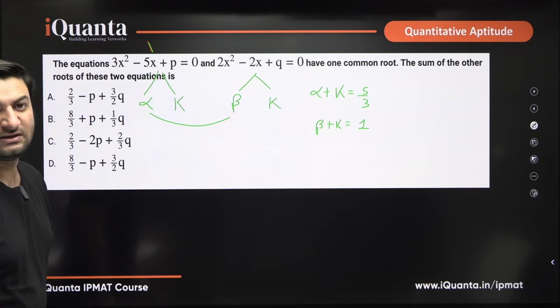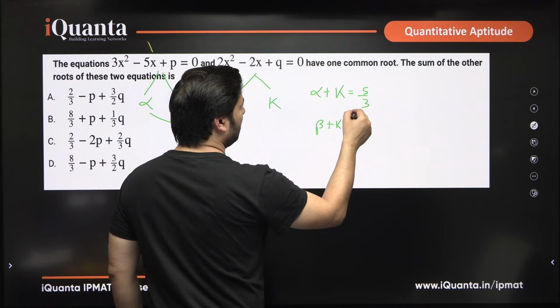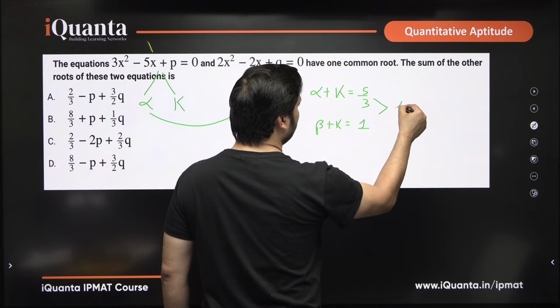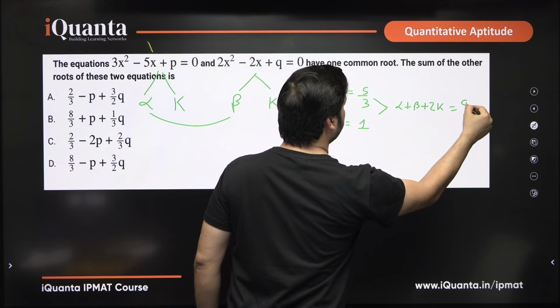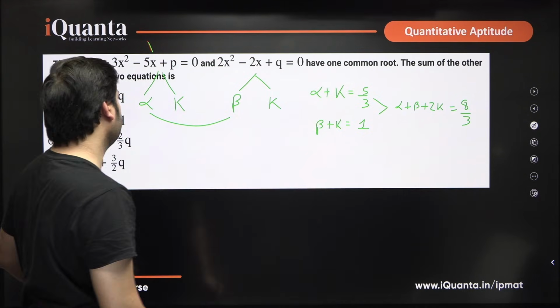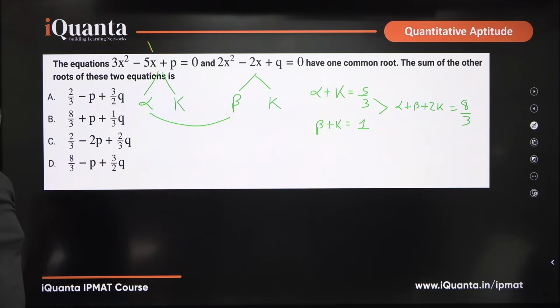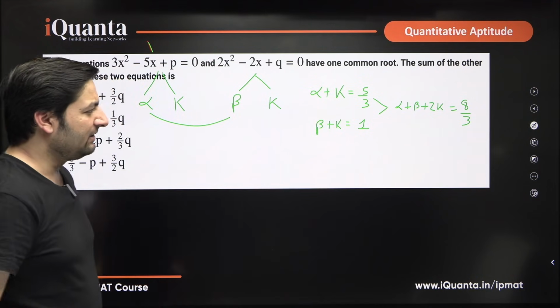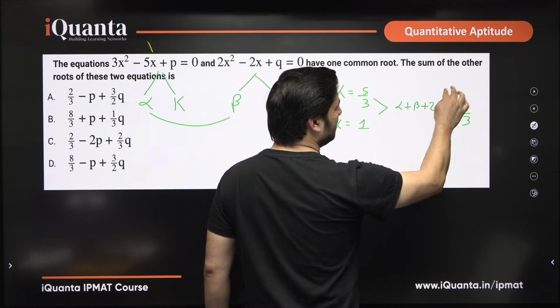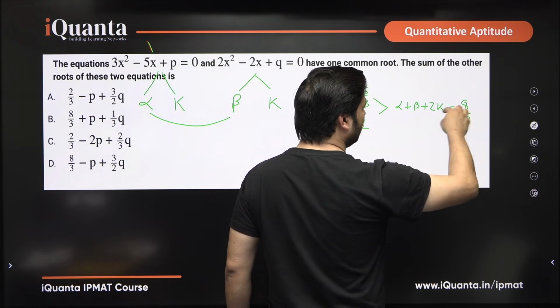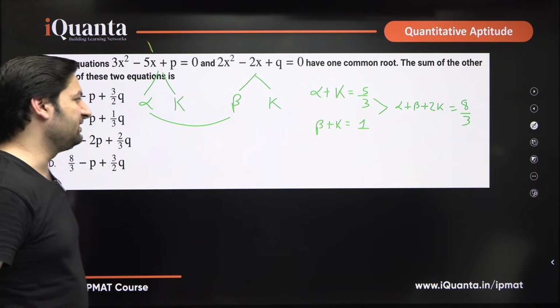If I combine both of these, I get alpha plus beta plus 2k equals 8 by 3. This is one of the equations that I have, because I was trying to focus on alpha plus beta from the very beginning. If I somehow get the value of k, I can subtract 2k from 8 by 3 and easily get the value of alpha plus beta.